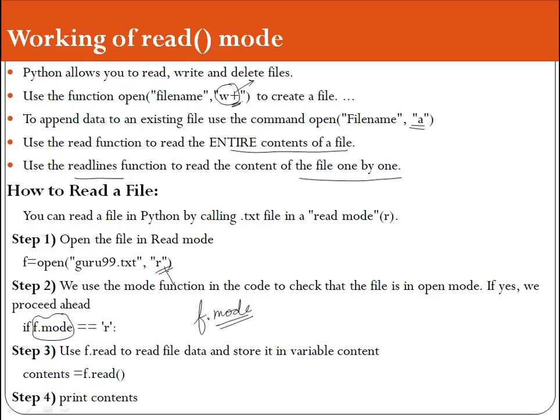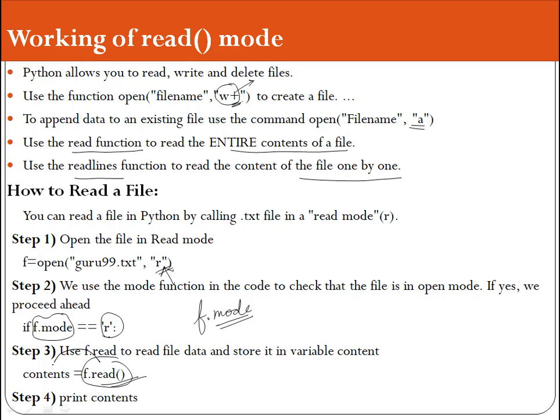As we have opened in the read mode, it will return R. We are checking with the equality operator whether it is equal to R. If it is equal to R, then you are reading the contents of the file in one go by using the method read. You can see over here, use the read function to read the entire contents of the file.